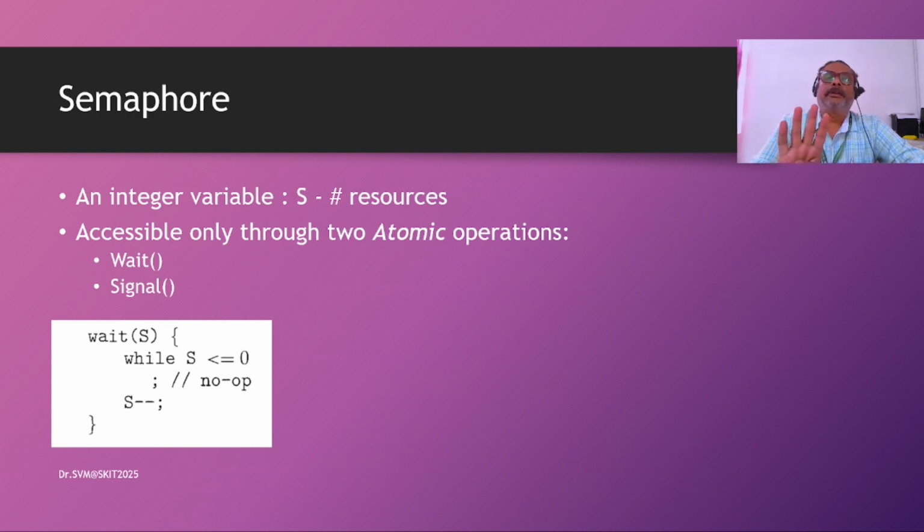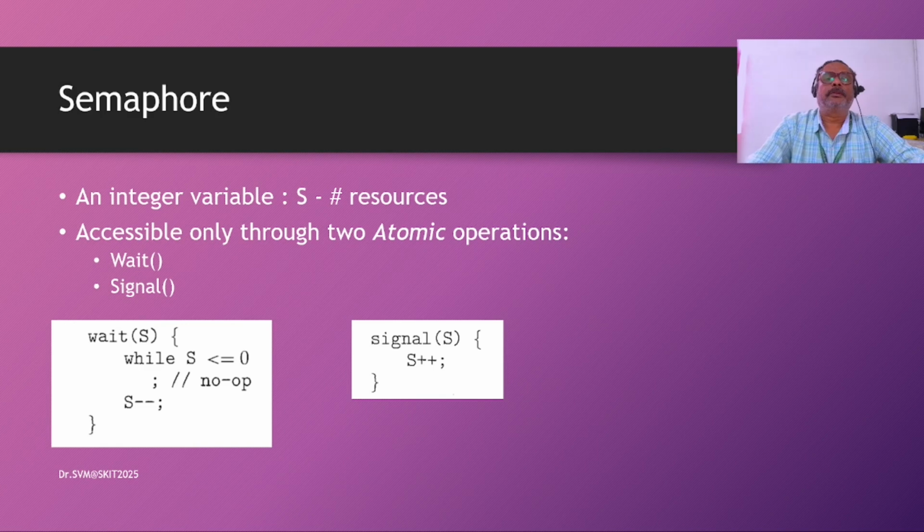So to start with, S was 5, which is greater than 0, therefore that while loop does not run, and it directly gets into the next line, S--, it becomes 4, comes out of that, and then gets into the critical section. After the critical section, we have what is called signal.